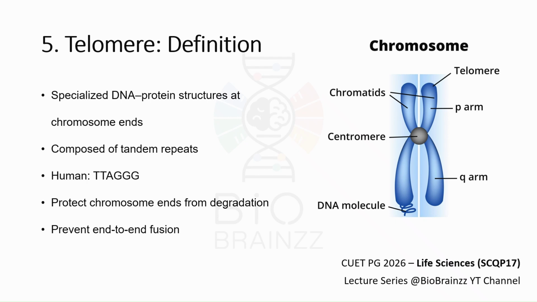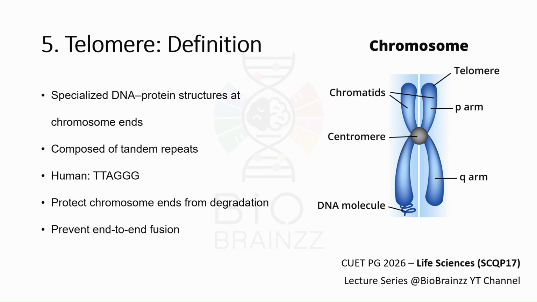The main function of telomeres is to protect chromosome ends from degradation during DNA replication and other cellular processes. They also prevent chromosomes from undergoing end-to-end fusion, which could otherwise lead to serious chromosomal abnormalities.